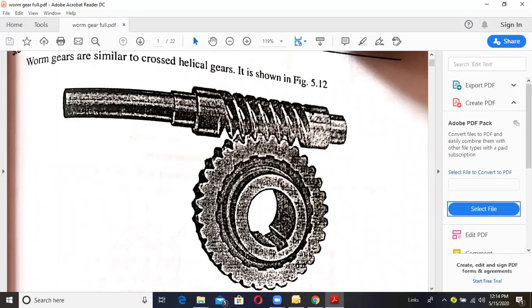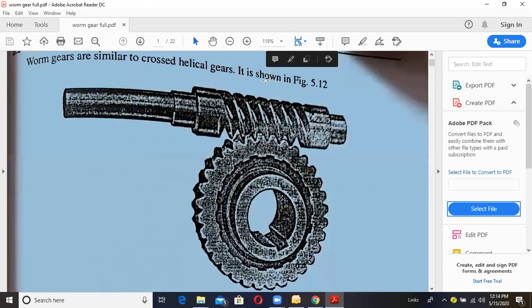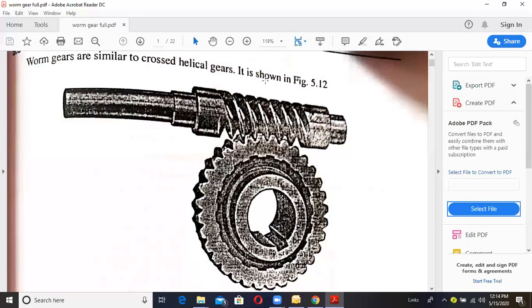There are different types of threads. In CAMD you have studied different types of threads, and also in DME1, in the design of screw jack. You have heard the name lead.